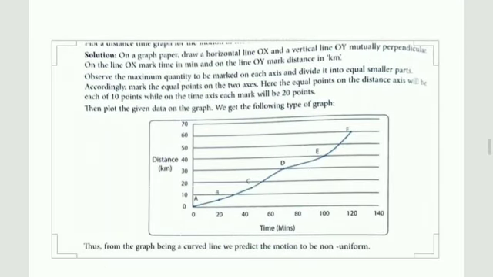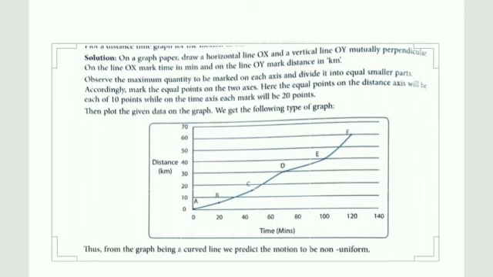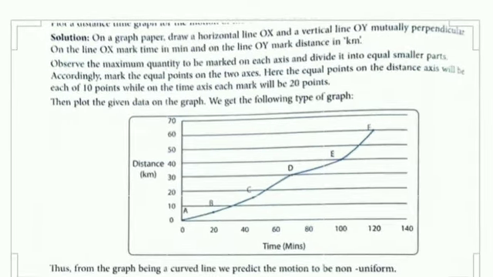Now make a graph. Yes, I was just thinking it is non-uniform. Solution: on a graph paper, draw horizontal line OX and vertical line OY, just as we have done in the above question, mutually perpendicular.